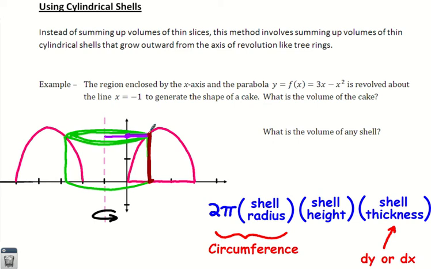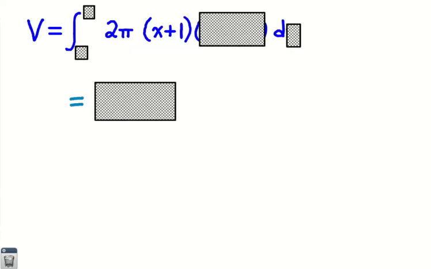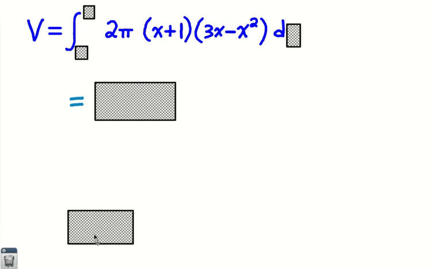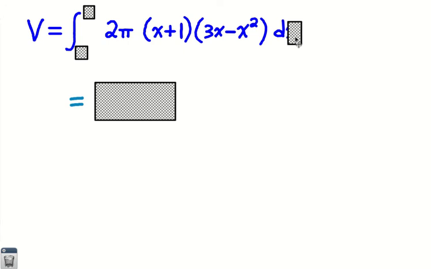And if it's going from the x-axis to the curve, we can just describe it as the function 3x minus x squared. That's the height of any of those shells. And at this point, it's pretty obvious that it's going to be dx or dy, because again, x plus 1, 3x minus x squared.